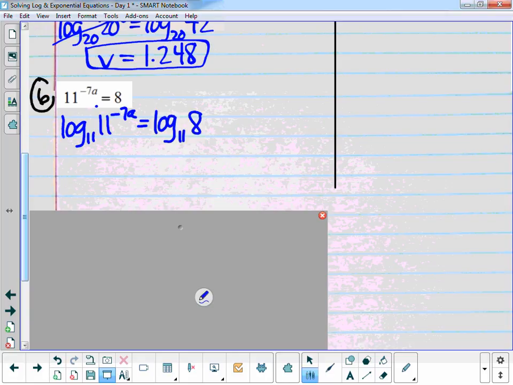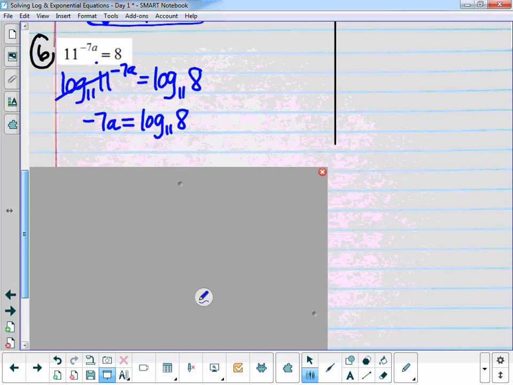Log base 11 of 11 is just 1. So then what will we have? Negative 7a equals log base 11 of 8. Don't plug that in yet, because now we can divide by negative 7. So now what you want to do is plug in this entire problem at once. You can either do the fraction button, or once you put in the logarithm, make sure you arrow out of the parentheses after the 8 and then divide by negative 7.